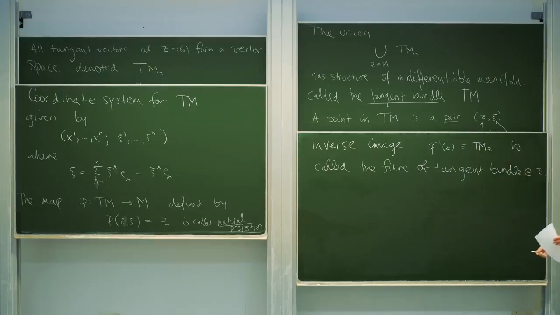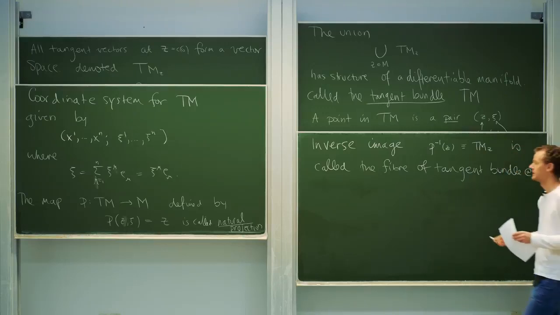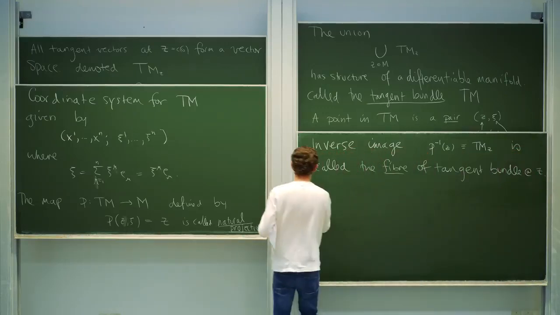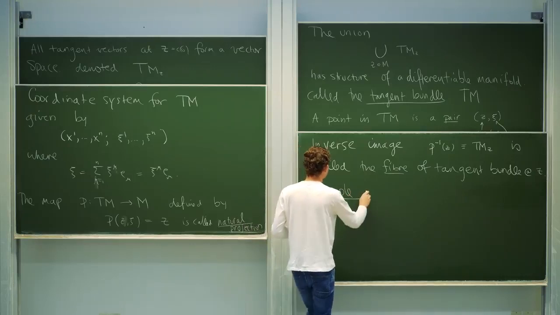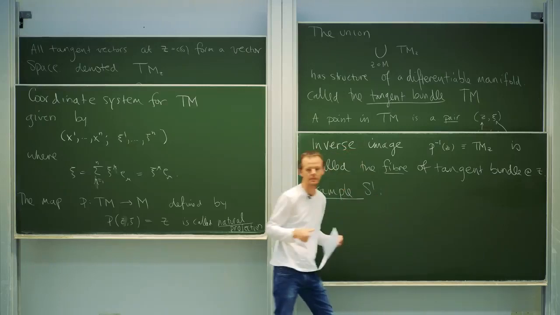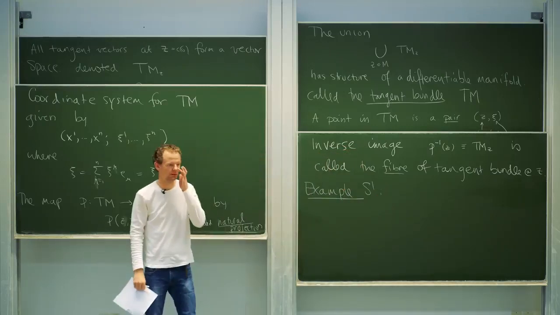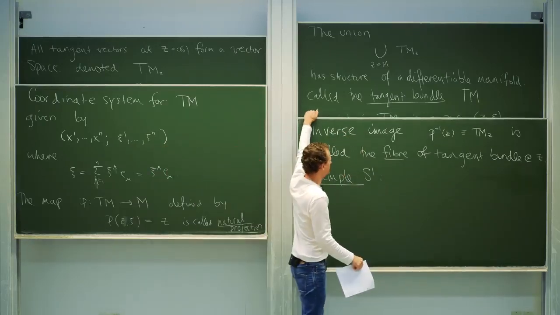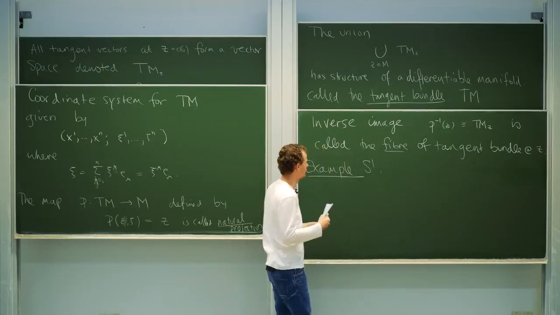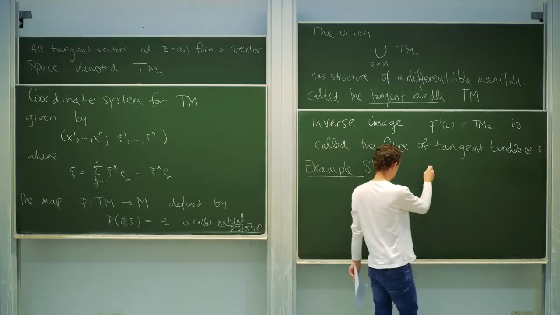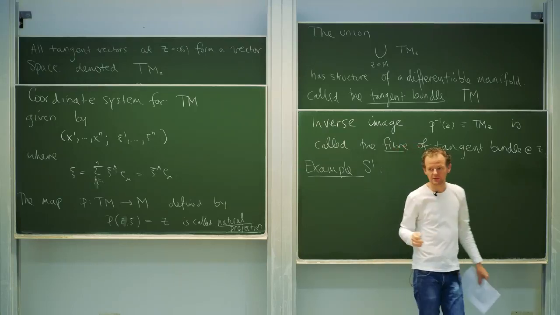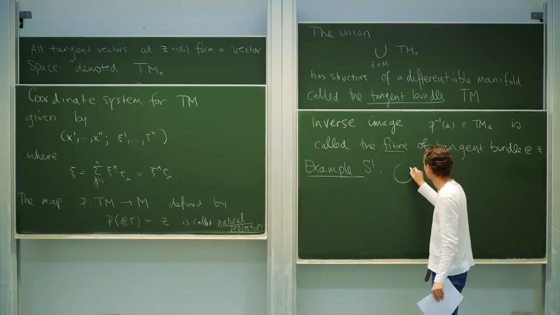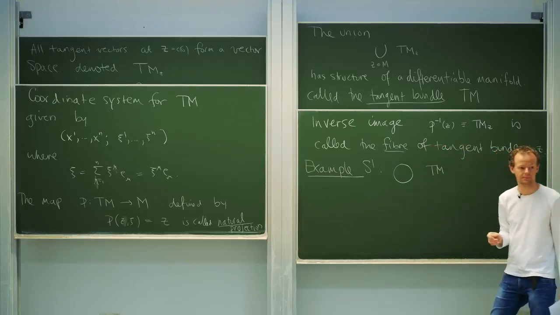At the point Z. Let's do our favorite example, just to have an example in mind. So at a point in the circle, here's the circle, that's our manifold S1.